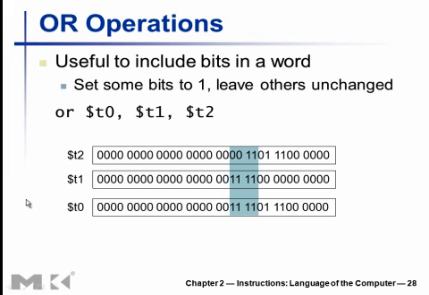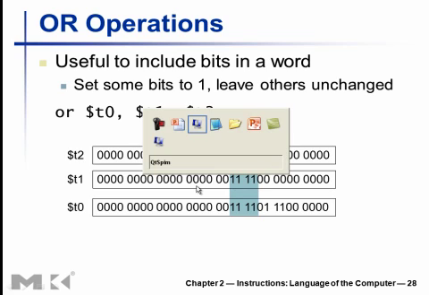Now let's keep going. The OR operation, same thing. We OR the numbers together, T1 and T2, and then put the result to T0. And here T1 is actually the same number, the 3C00, and T2 is DC0, the same value as we saw.